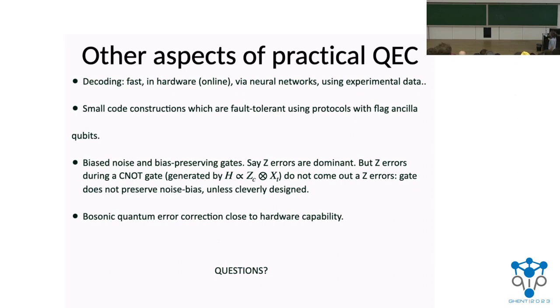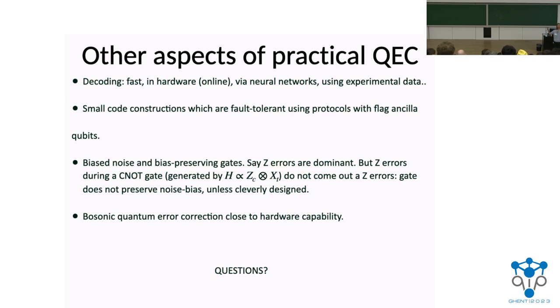There are many aspects that I've studied that I think are interesting. Decoding needs to be fast. You can do neural networks. We can try to do it in hardware using experimental data. There's a lot of work on small code constructions which are fault tolerant, using clever protocols, which sometimes use additional flag ancillas to make sure that syndrome information points to errors more specifically, right?